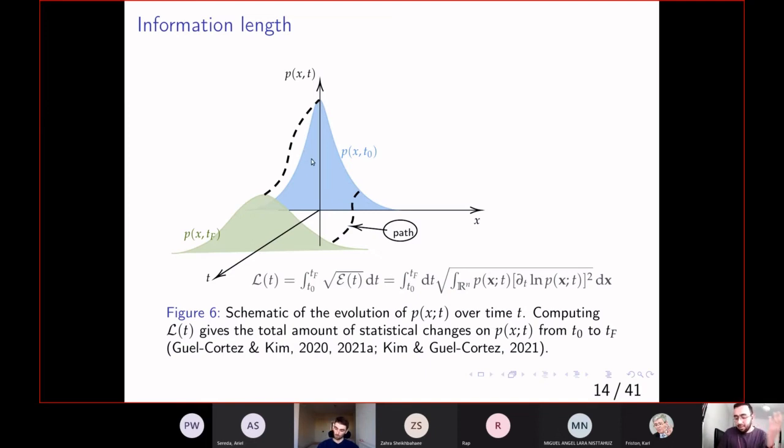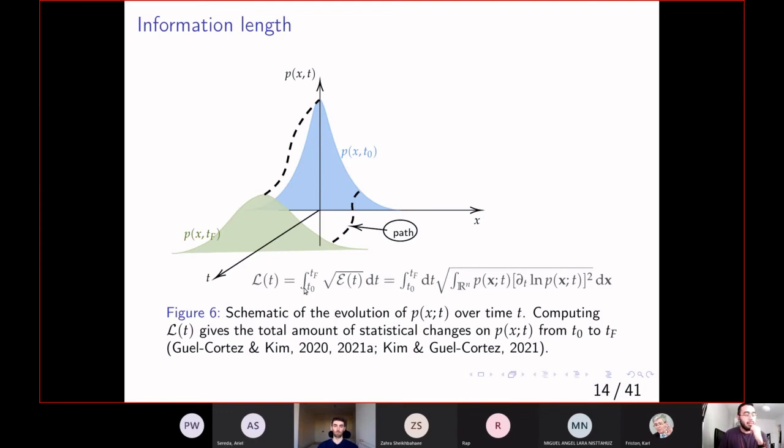For example, it could be to find its velocity, or possibly the distance between two probability distributions. So information length is the metric that does that for you. When computing information length, which is given by this formula here, you can find the length of the path that the probability distribution takes over time, given an initial condition and a final condition, the initial time and the final time.